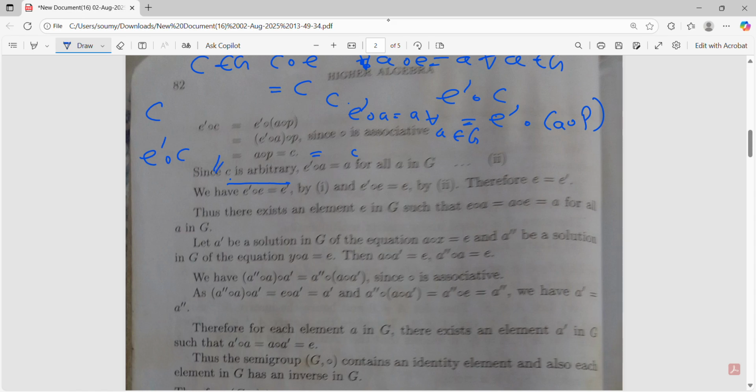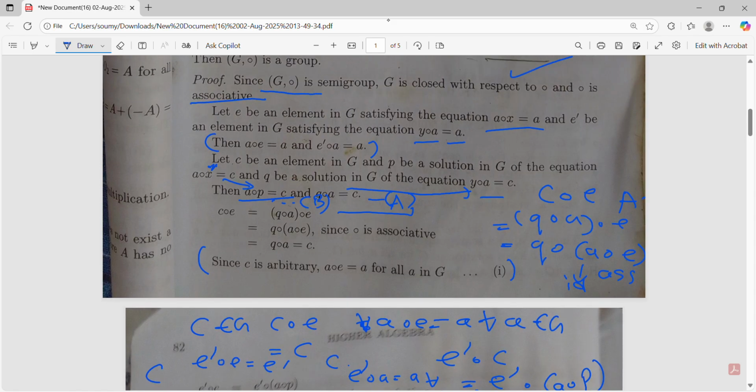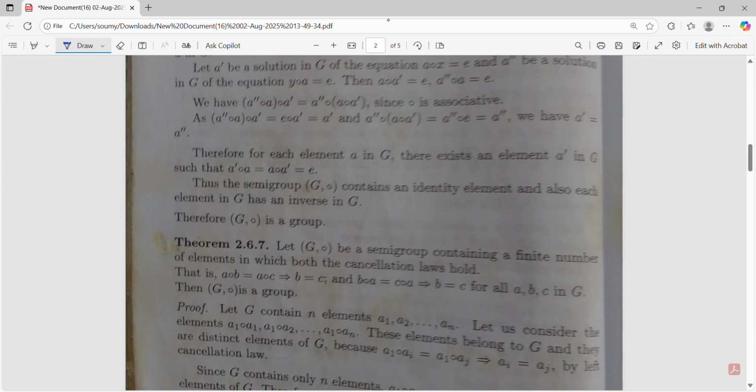Now by equation 1 we can write E dash compose E equals E dash, since A can be replaced by E here.